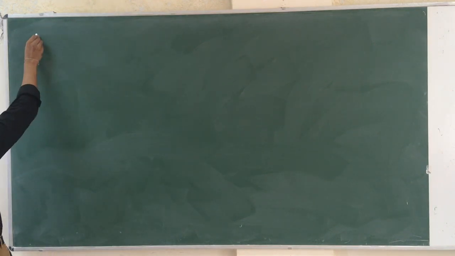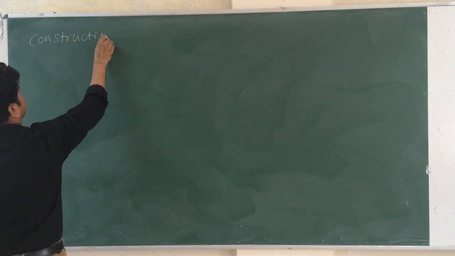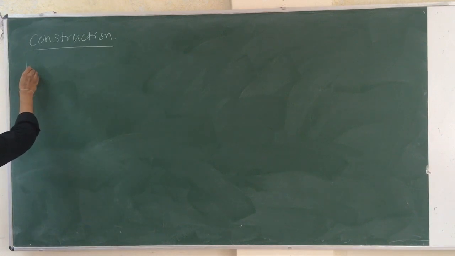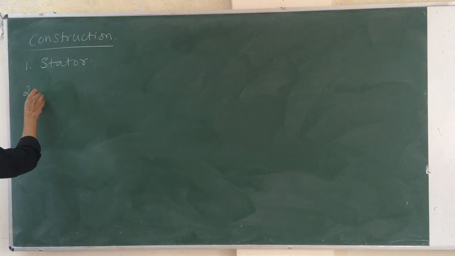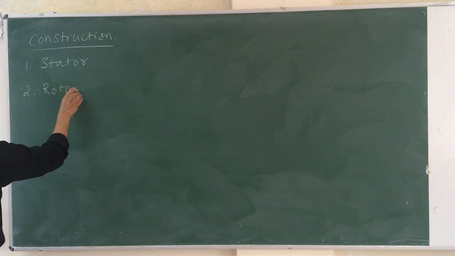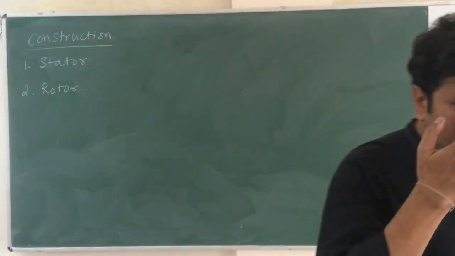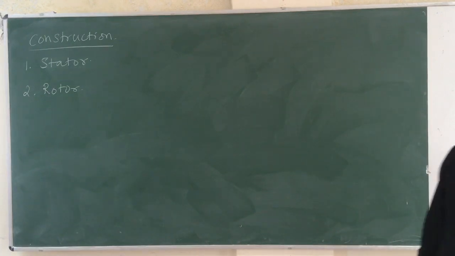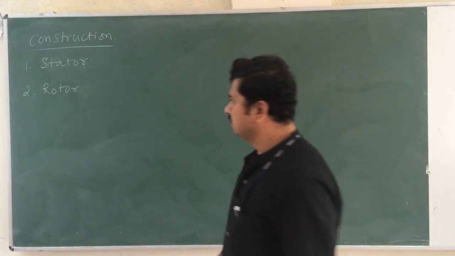So, construction. In construction there are two parts. One is the stator, second is the rotor. Because we now know that the flux must be rotating and the conductor must be stationary, one part must be stationary and the other part must be rotating.